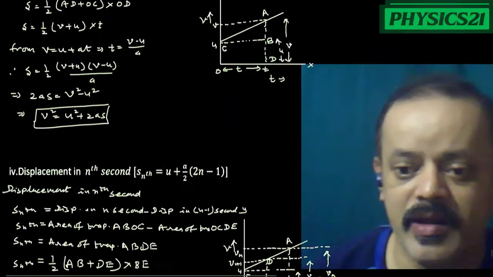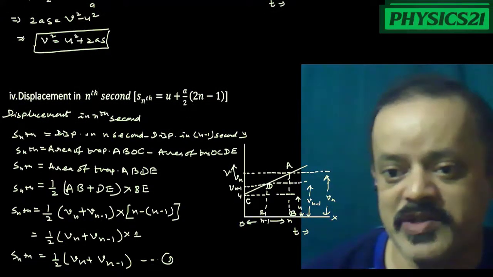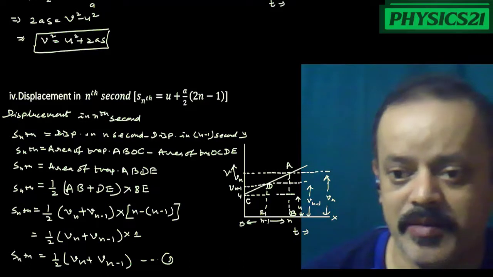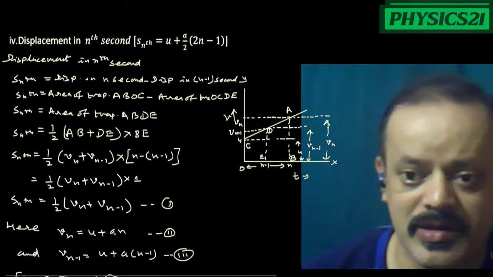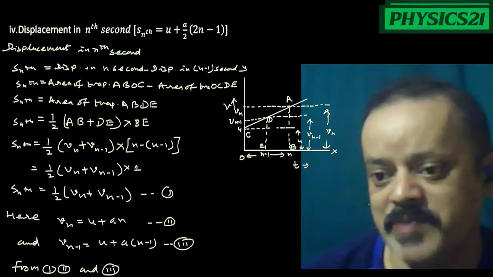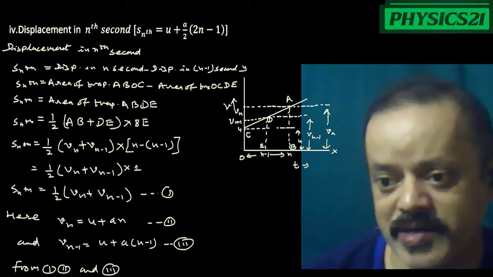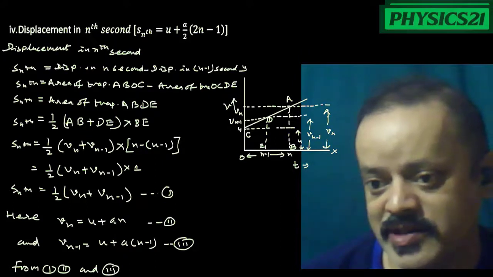Now finally, we derive an expression for the displacement in the nth second by the graphical method. So here is the graph to derive displacement in the nth second. In this graph, let the initial velocity be u. At time n minus 1, the velocity will be v(n-1). At time n, the velocity will be vn.